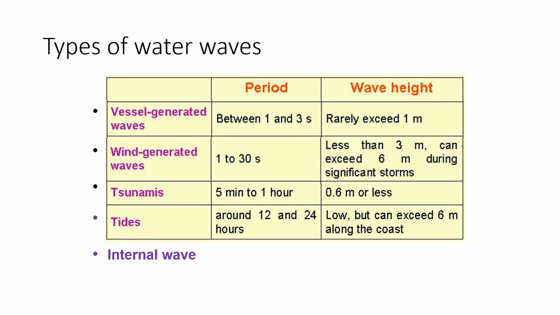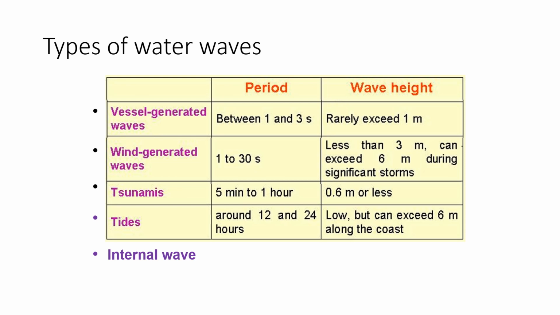Of course, we also have solitary waves such as a tsunami, which has a wave period typically between 5 minutes to 1 hour. They may have a very limited wave height offshore, but once it arrives at the coastline, it is amplified, and it can actually have a much larger wave height, which can be destructive.